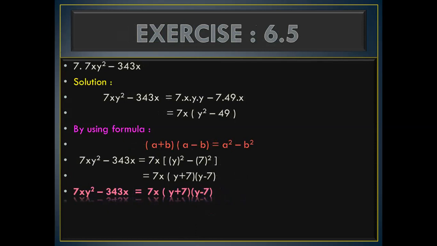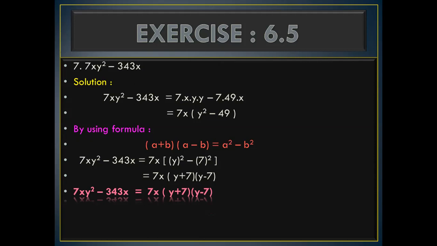7xy square minus 343x. Look at the first term, 7xy square. Only in this term, y is the variable which is the square of y. Otherwise, x is not the square of any number, and also 7 is not the square of any number.